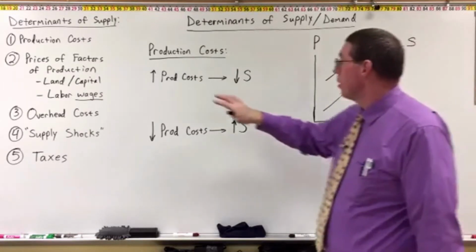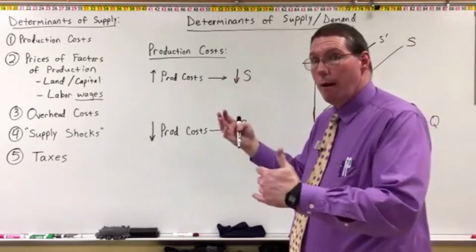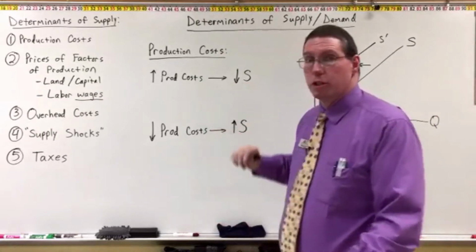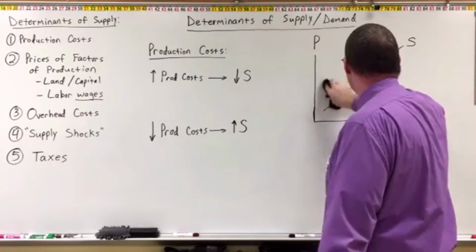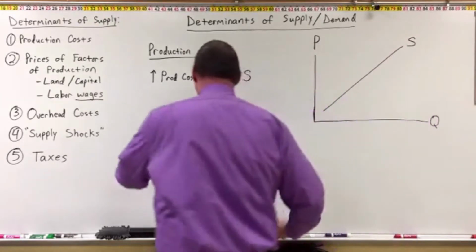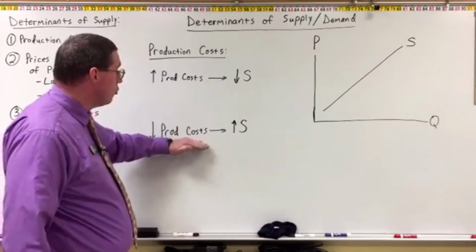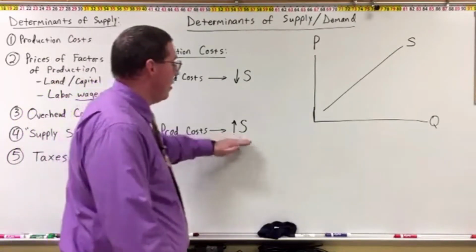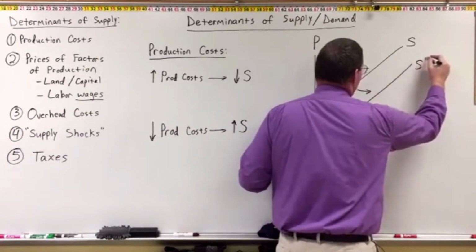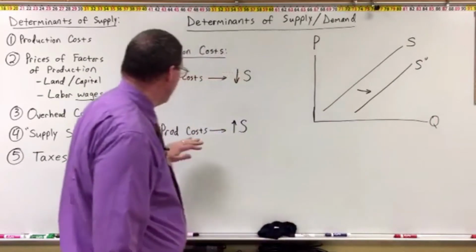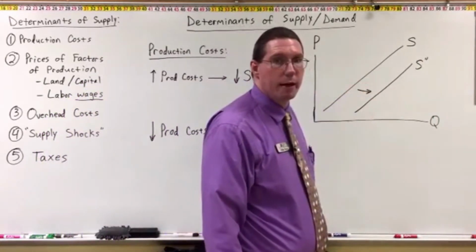When it costs more to do business, you can't do as much business. On the other hand, if production costs go down, this is a very good situation. Supply goes up because you can do more with the money you have. An increase in supply is a rightward shift of the supply curve, and so a decrease in production costs results in a rightward shift of the supply curve.